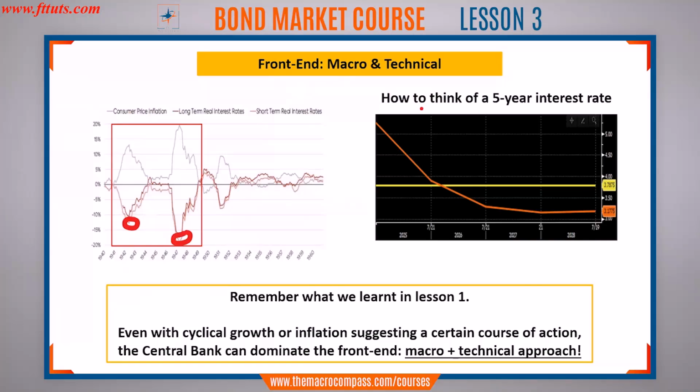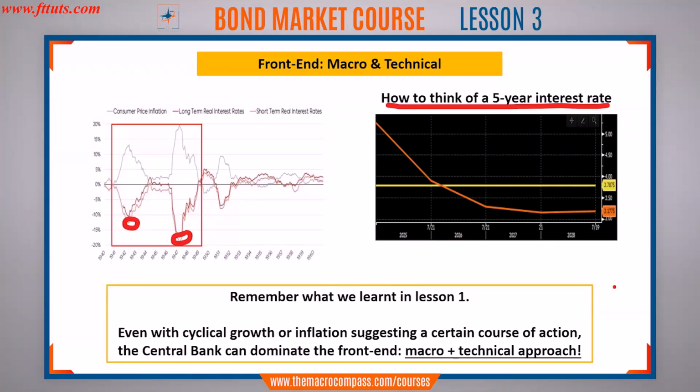That's why it is extremely important to think of short-dated interest rates as we learned in the technical way in lesson 1. You can always think of any interest rate, including short-end like 2-year or 5-year, as a strip of all future overnight rates for the next 2 or 5 years, discounted back to today.